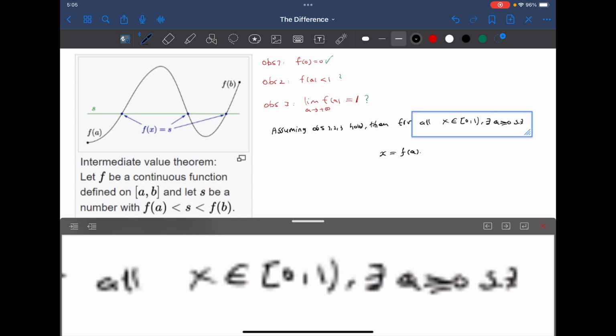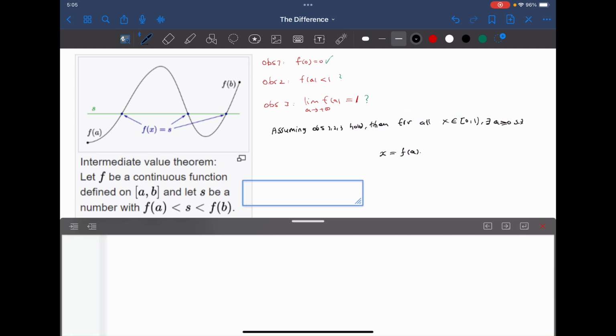And this was just for the non-negative a part, right?